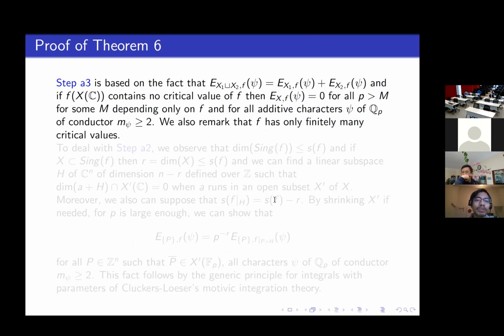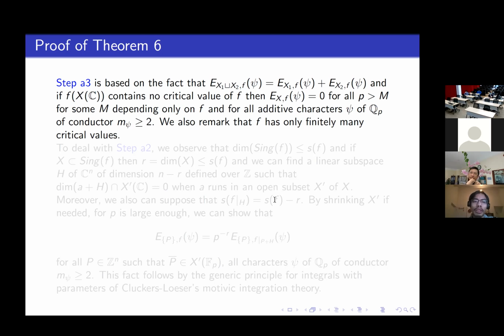In fact, step A3 is easy, and is based on the fact that if we have the disjoint union of two schemes H1 and H2, then the exponential sum associated with H1 union H2 equals the sum of the exponential sum associated with H1 and the exponential sum associated with H2.